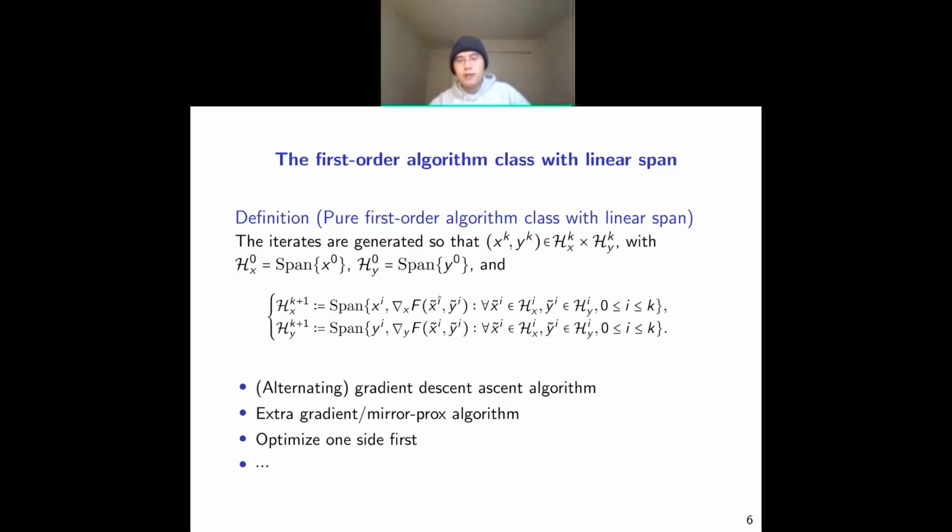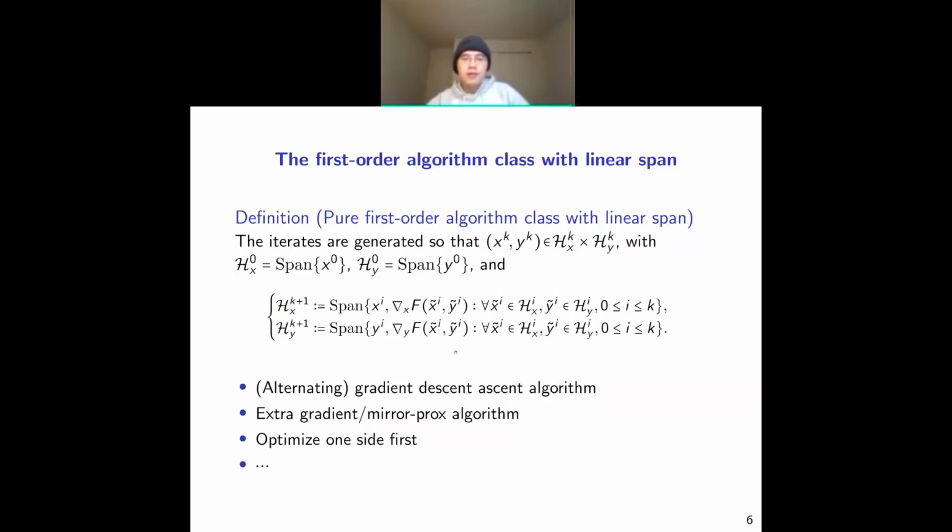And we should notice that here, the arguments for these gradients are not necessarily our previous iterates. It's just some points belonging to the previous subspaces, that will be okay. So this will enable us to do some linear combination between the previous iterates and compute the gradients there. And similarly, we can define the subspace for y as follows.